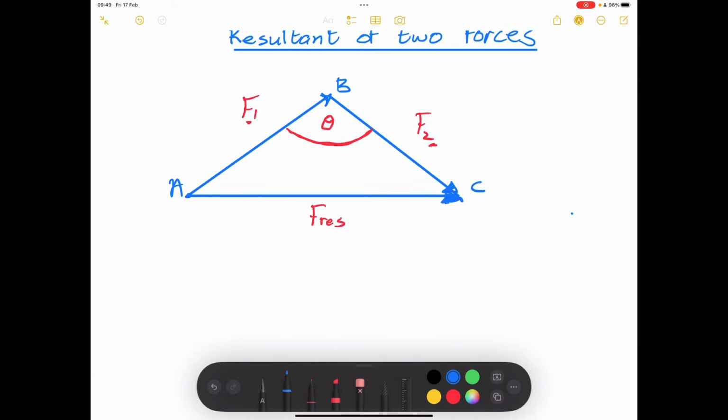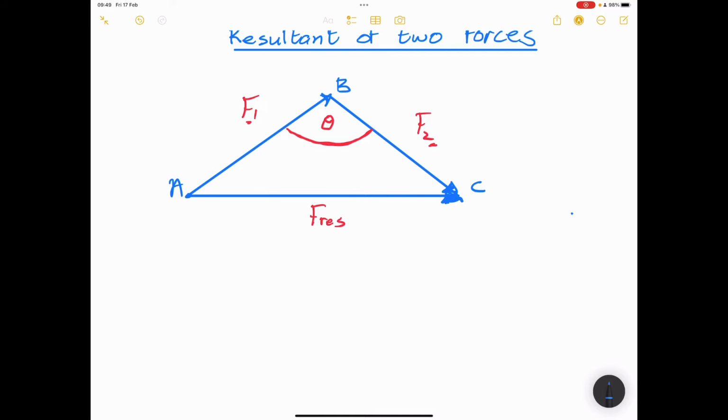Please note, we use the cos rule. So the cos rule would be the resultant force squared equals the other two sides, F1 squared plus F2 squared, minus 2 times F1 and F2, the very same ones that are here, multiplied by the cos of the included angle.